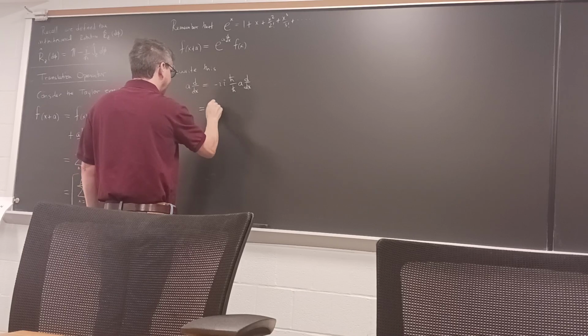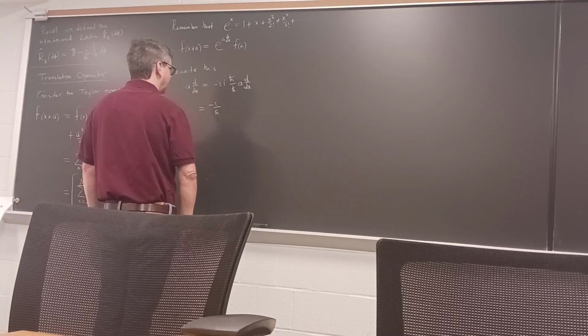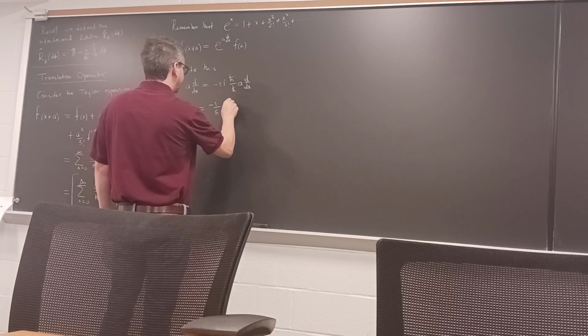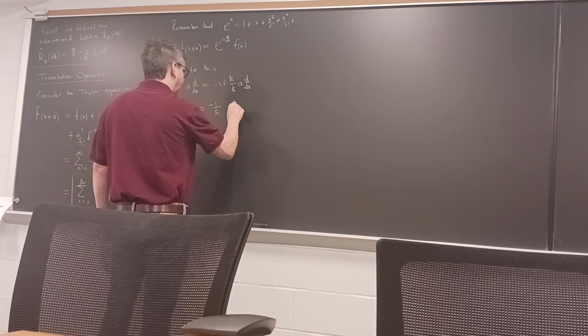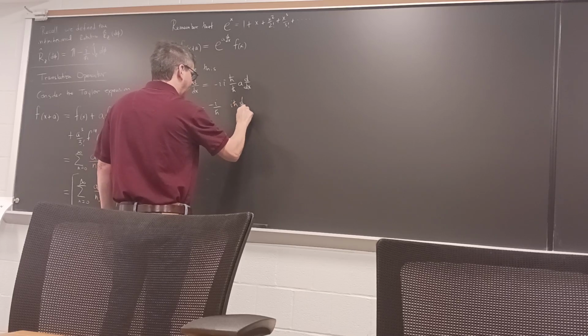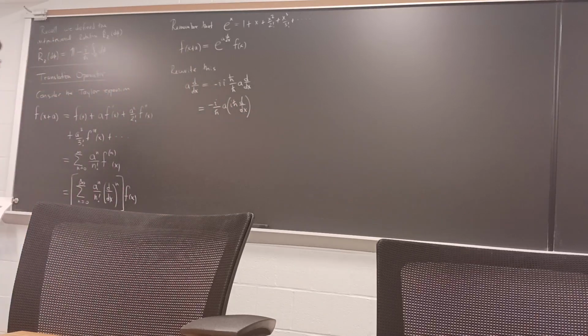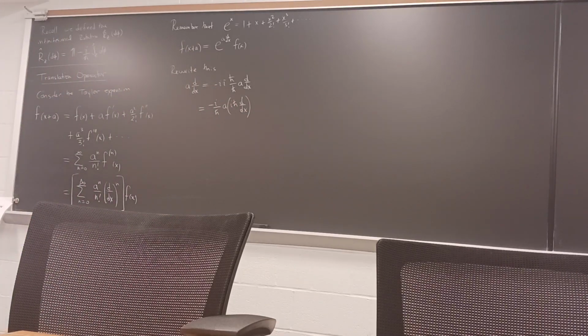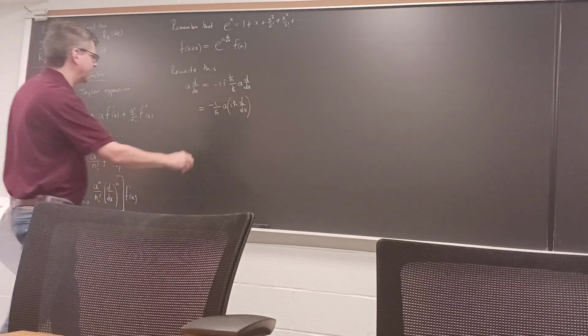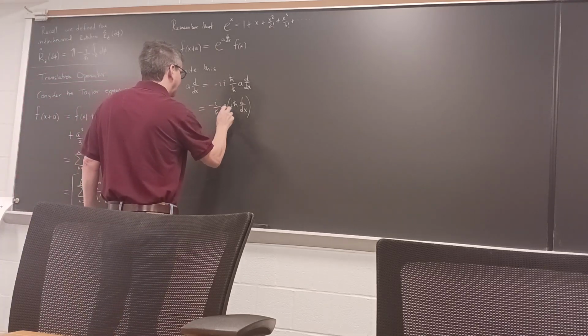So I can write this as minus i over h bar times i h bar d by dx, and then times a. And let me put the minus inside.